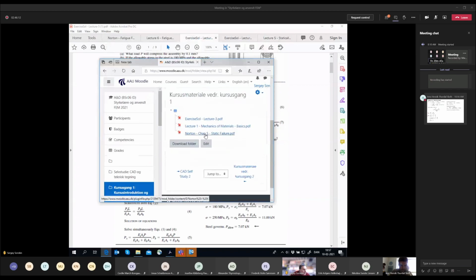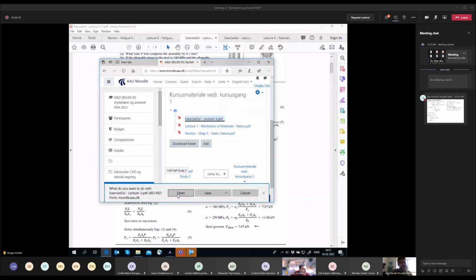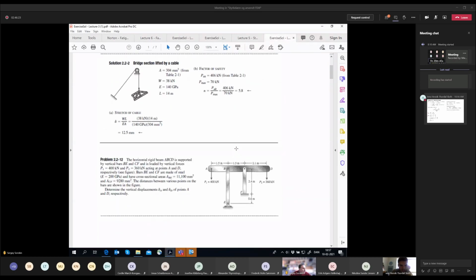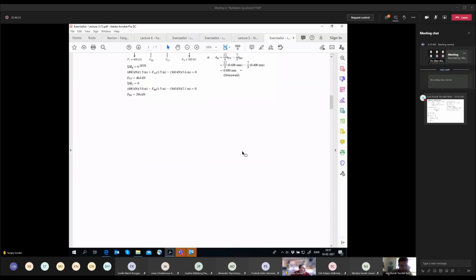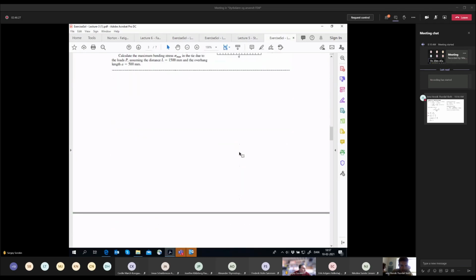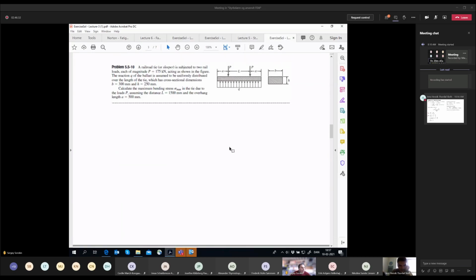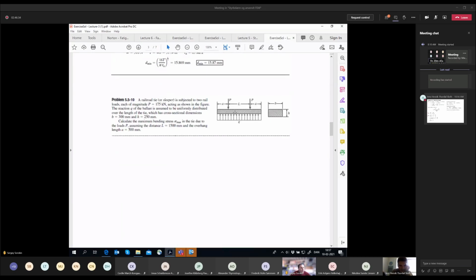So, solutions. Which one? Can you see my screen? 5.5.10. So that one. This is about bending.